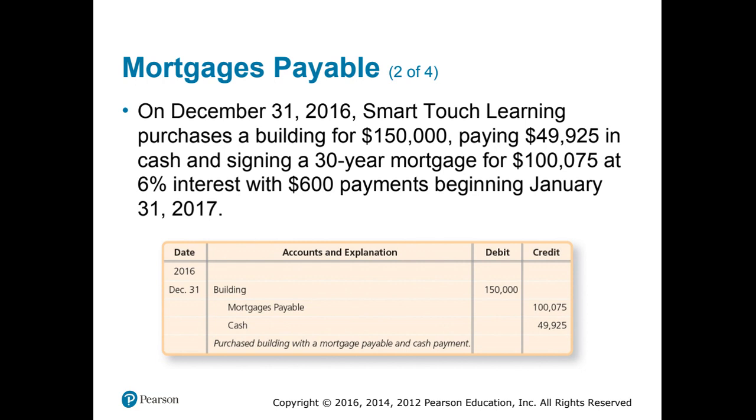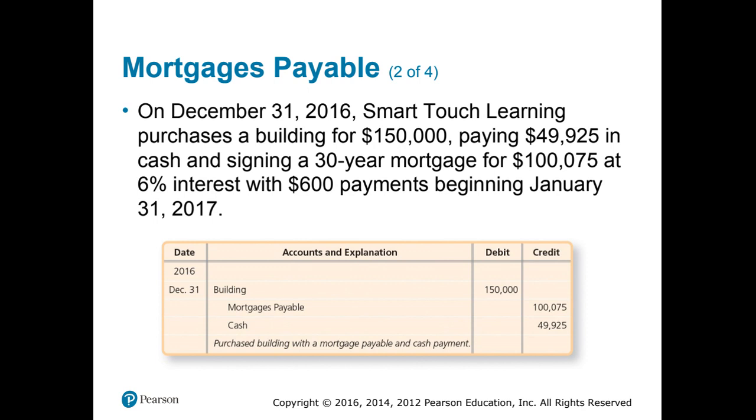So when we're creating our journal entry, we're going to debit our building for the full amount of $150,000. That's what's going into our building account. Our mortgage payable account, it says that we signed a 30-year mortgage for this amount of money.